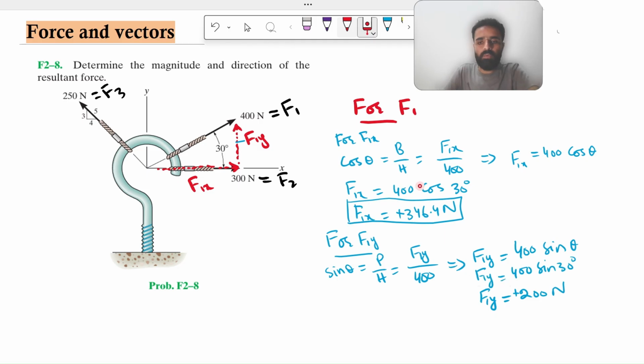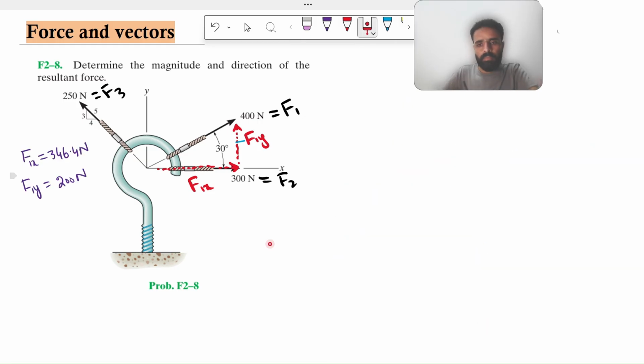So here both F1x and F1y are positive. I will erase the calculation, only writing F1x and F1y, because I need these values further in the calculation.